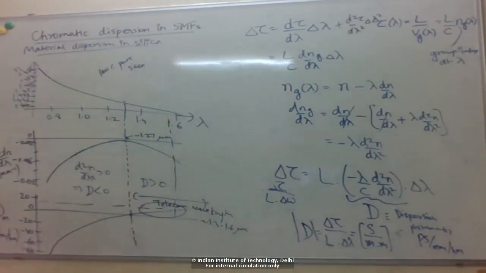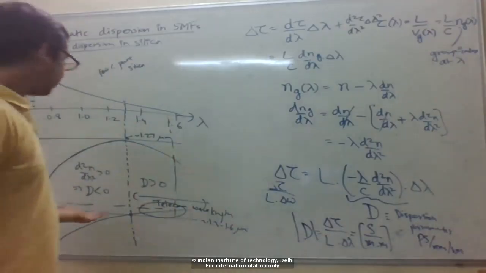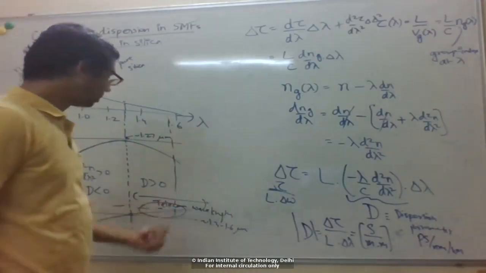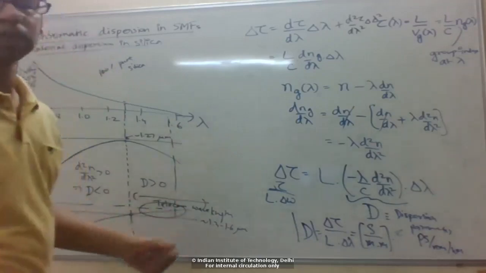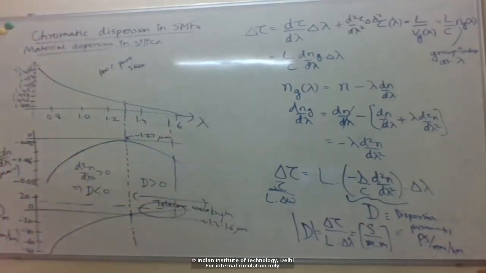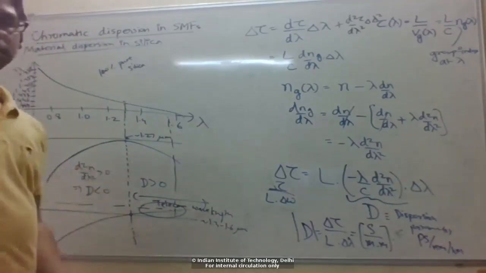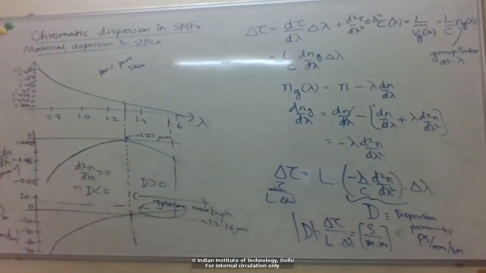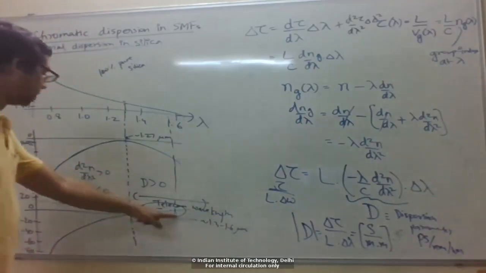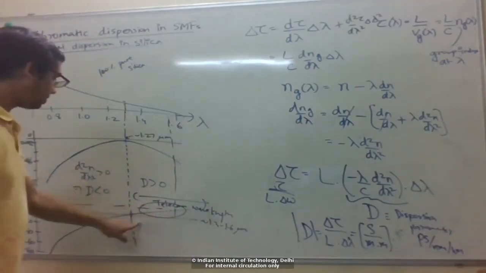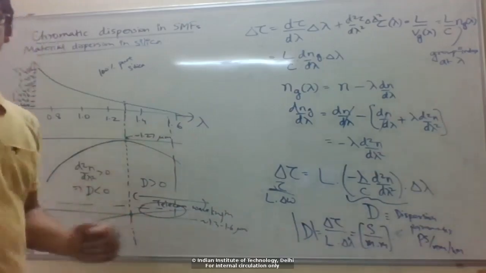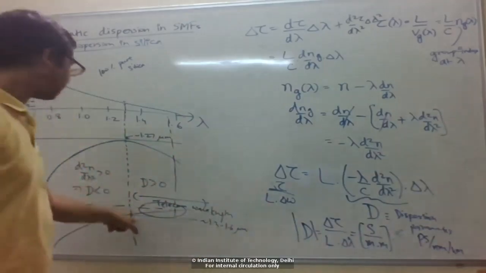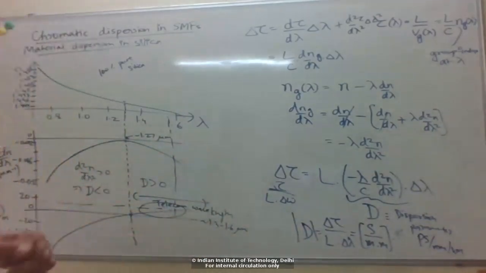There are various techniques to compensate this dispersion and bring it near zero, so that you can get the lowest loss and the lowest dispersion at the same time. But if you just take the bare silica fiber, the dispersion at 1.55 is worse than 1.3, but the loss is opposite. Loss is worse at 1.3 compared to 1.5.